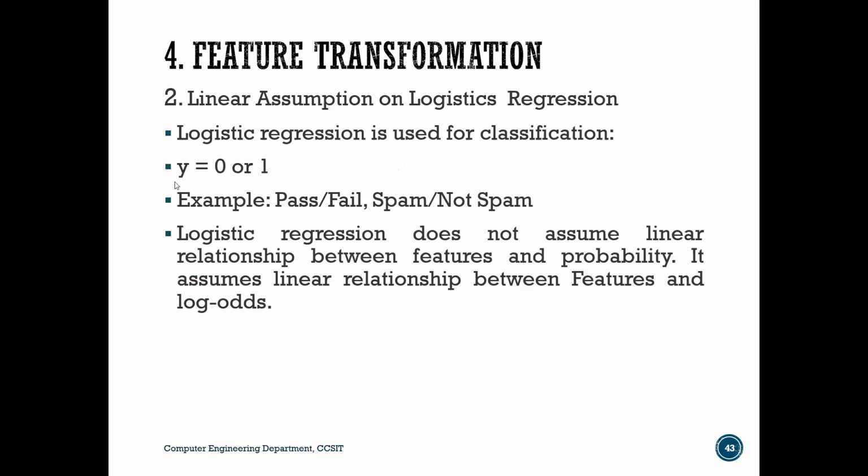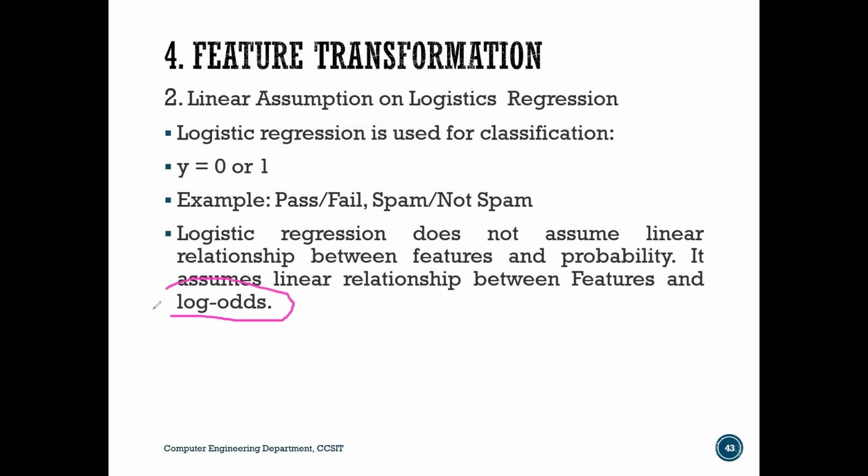Feature transformation. Now next, the second one: the linear assumption in logistic regression. We have logistic regression also. Logistic regression is used for classification. It will give you a result like somebody will fail or pass, or spam email or not spam email. Logistic regression does not assume a linear relationship between features and the output. It assumes a linear relationship between the features and the log odds. So now the new term, log odds.